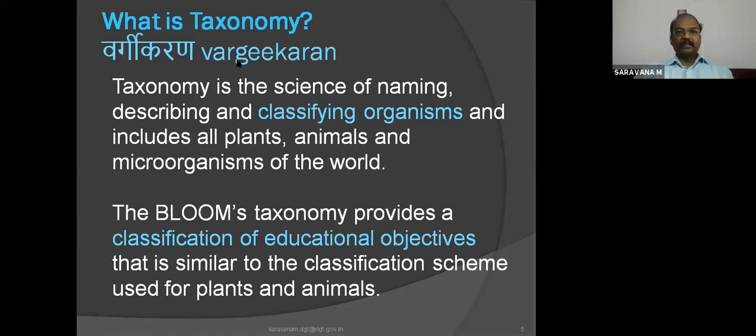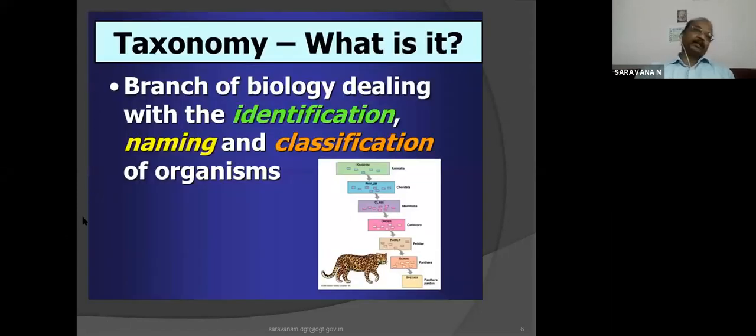And this again, one more visual. Taxonomy is a branch of biology dealing with the identification, naming and classification of organisms. So organisms means living creatures, maybe a plant or a tree or a human being or animals. So we have to identify what is that and name and classify in detail. That is called taxonomy.